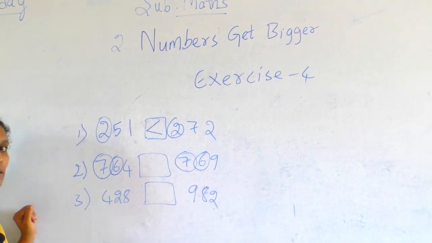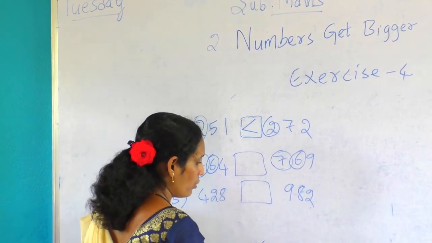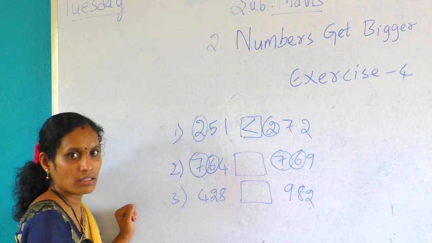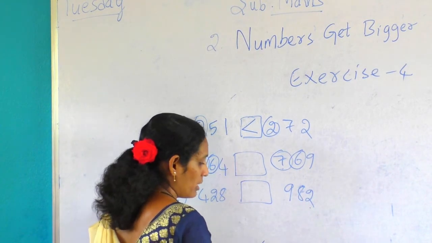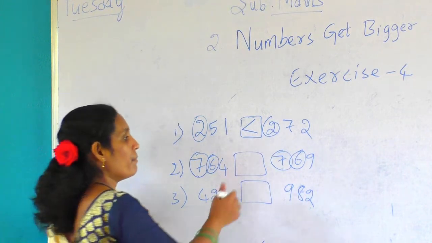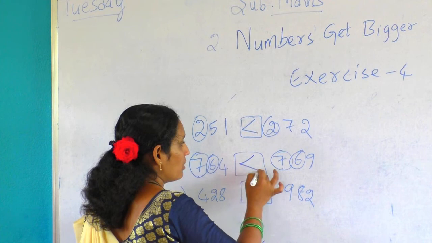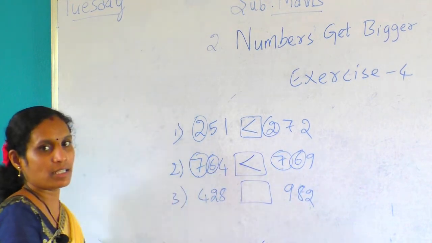So next we move to the ones place. 4 and 9. We should find out which is the bigger number. 9 is the bigger number. So mention the sign here: 769 is greater than 764.